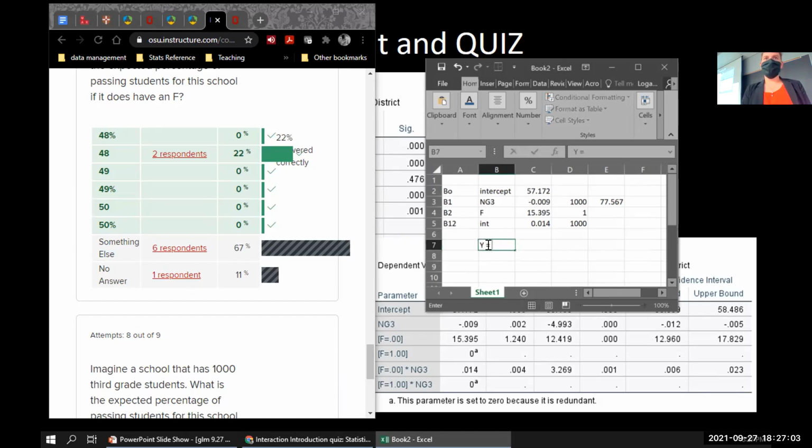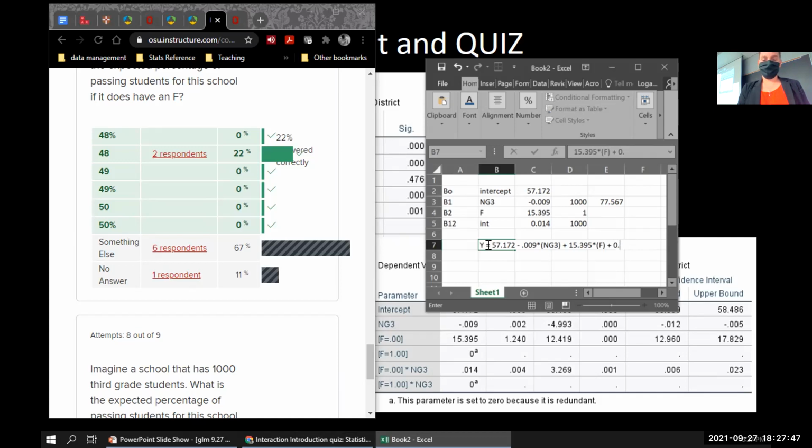Y equals, I'm just going to type it, 57.172 minus, you could do plus a negative or a minus, 0.009 times the number of students in grade 3 plus 15.395 times whether it's a failing school plus 0.14.